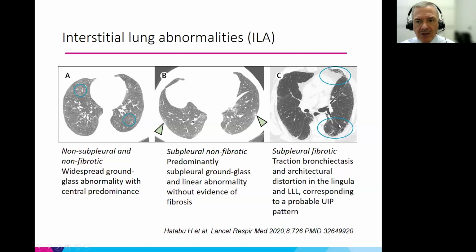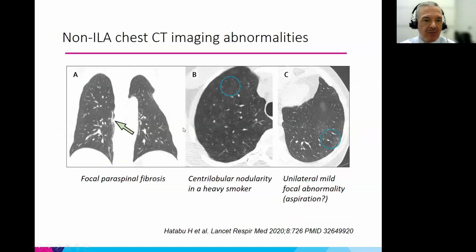You see how minimal these findings are, but there is a little bit of honeycombing here, probably. So these are the type of ILAs that sometimes are identified incidentally, sometimes in the course of doing another investigation. We have seen it sometimes in abdominal CTs that reach the lower part of the lung and may capture some of these findings.